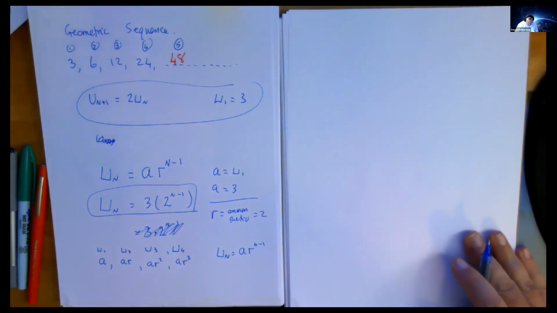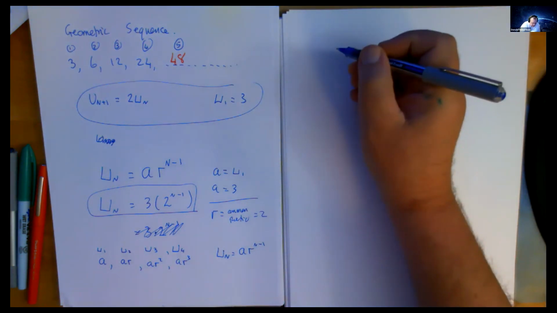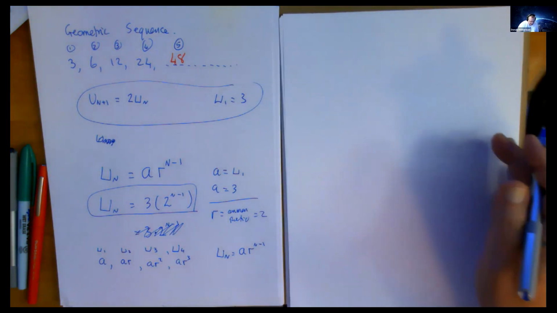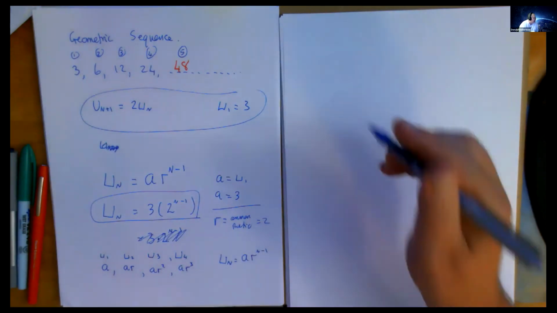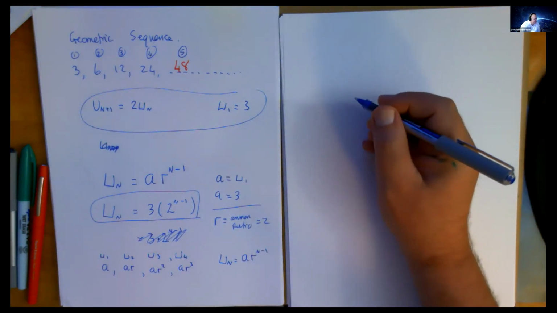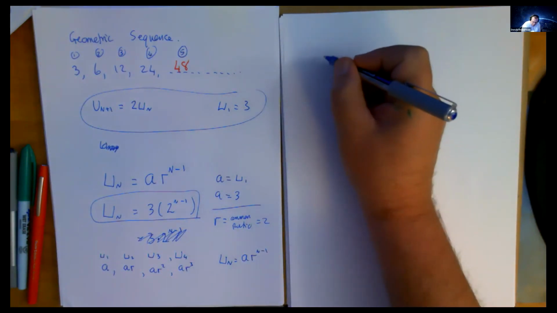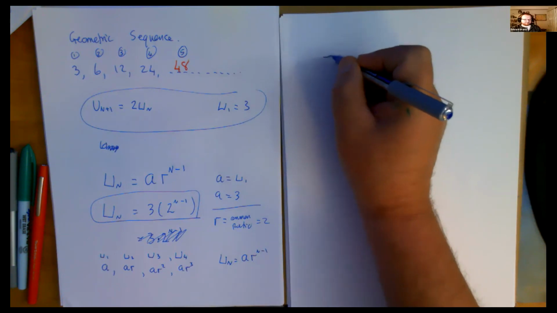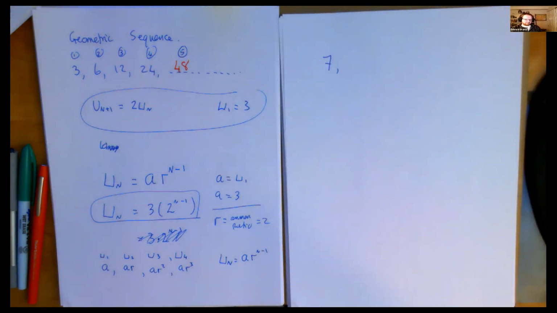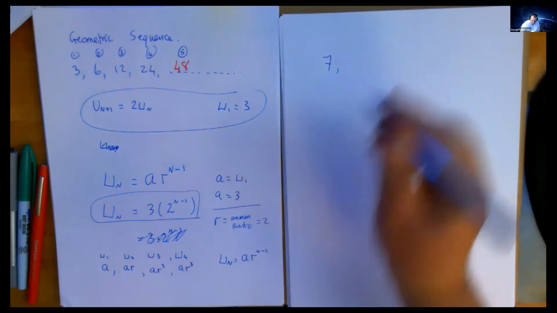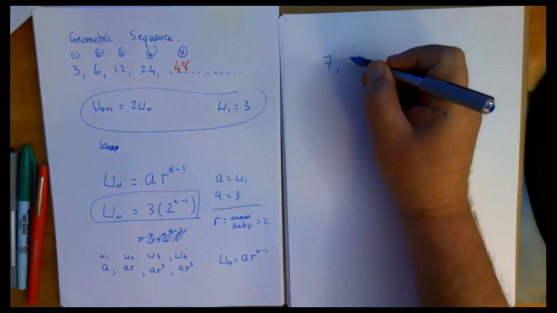Thank you for helping. Right, so let's do a geometric sequence from scratch. Give me any number between 1 and 9. 7. Okay. Give me a small, nice number to multiply by. 4.